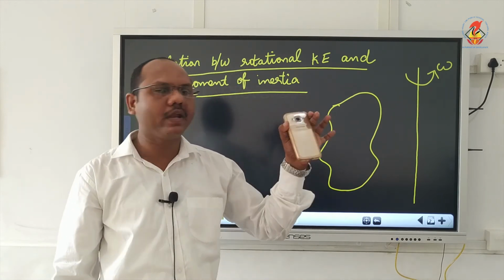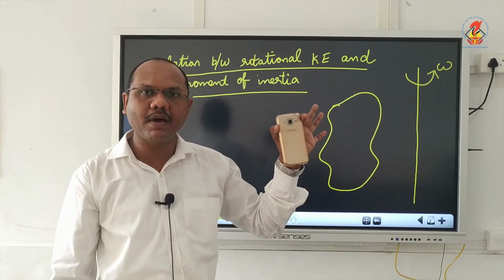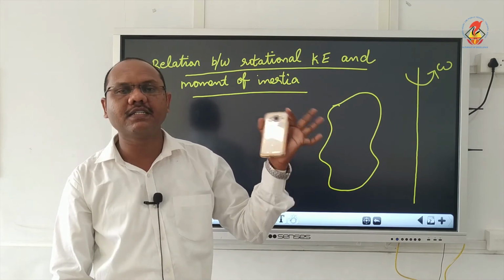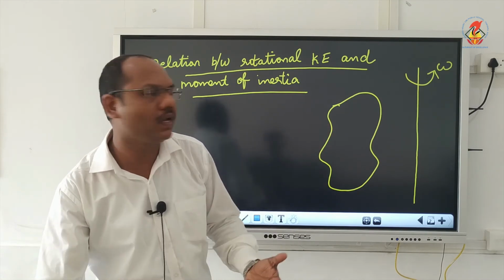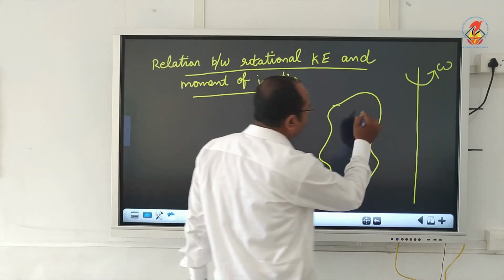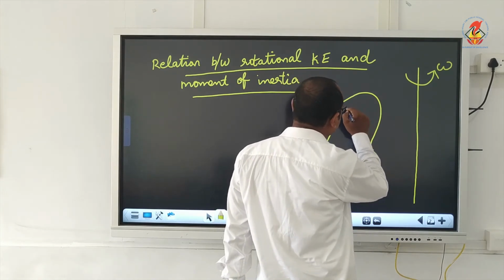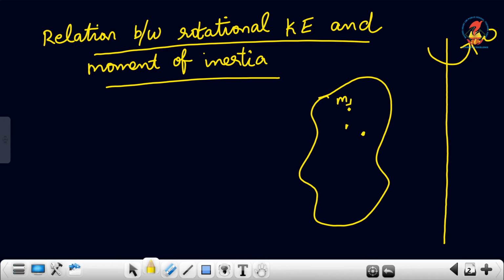So this rigid body consists of many particles. It's a rigid body of n number of particles. So let us say I am taking many particles like this: M1, M2, M3, etc., Mn.